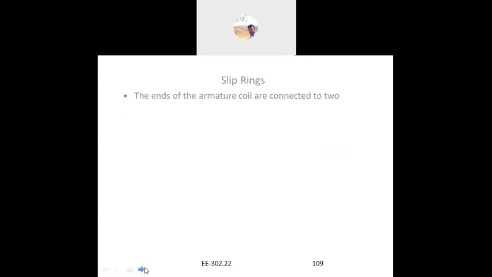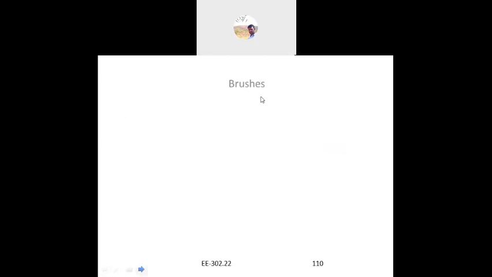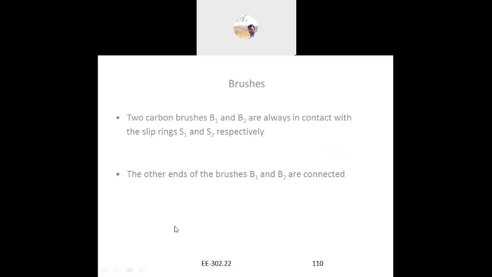The ends of the armature coil are connected to two different slip rings, S1 and S2, and these rings rotate along with the armature, on the same axis. The two carbon brushes B1 and B2 are always in contact with the slip rings, and their other ends are connected to the external circuit, the resistor.